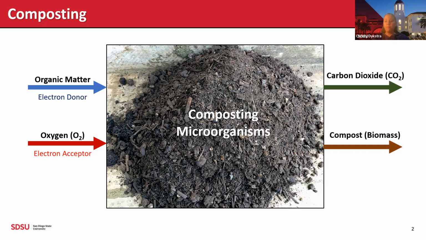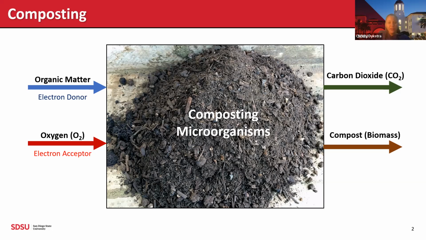People are probably a little bit more familiar with this than anaerobic digestion, but this is also done on a larger scale, in particular at Miramar. They have a big composting facility there as well. And so you can see that this is done at all different types of scales.